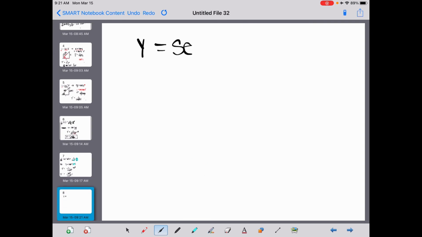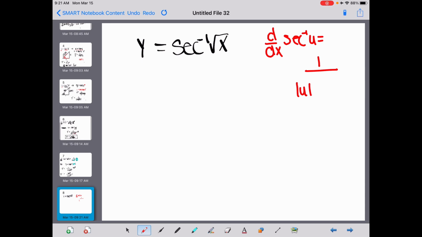Y equals secant inverse of the square root of x. And for your sake, the rule is: the derivative of secant inverse of u equals 1 over the absolute value of u times the square root of u squared minus 1, times du/dx.